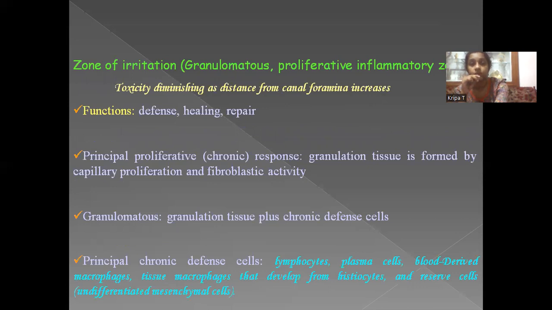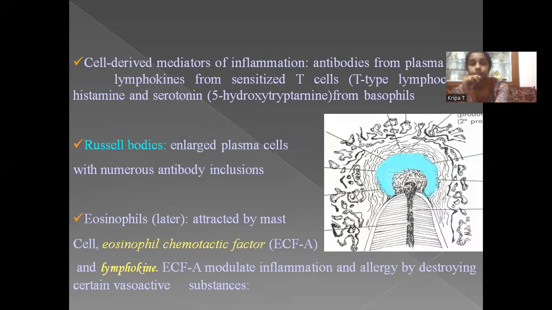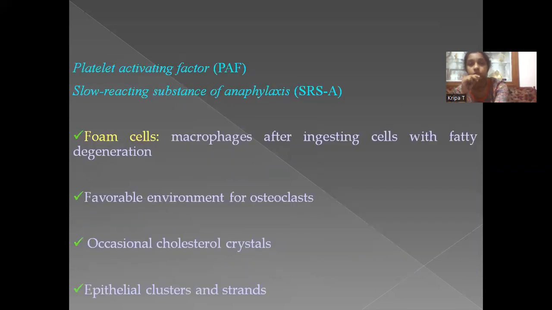Next is the zone of irritation, which functions as defense or healing. Mainly a proliferative response is seen here, with a lot of fibroblastic activity and capillary infiltration. You can see the presence of defensive mechanisms. The light blue is the zone of irritation.